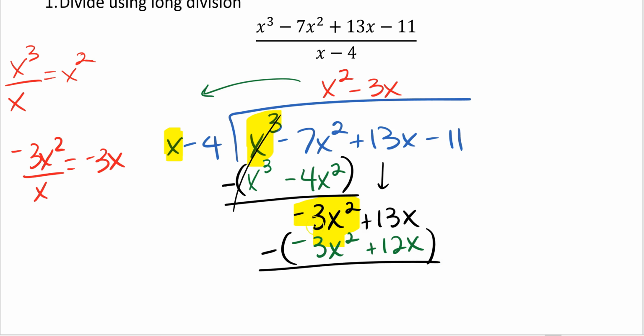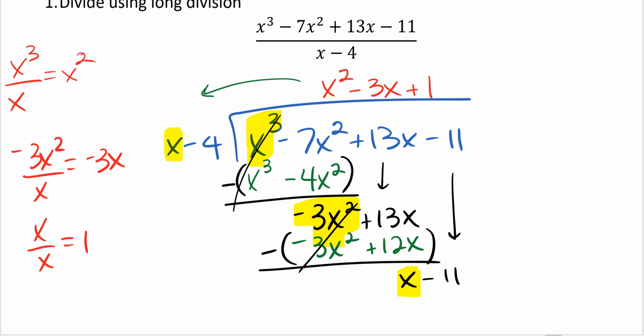So then negative 3x squared minus negative 3x squared cancels out. And then 13x minus 12x is 1x. Then we're going to bring down that minus 11, and then we're going to divide again. So we're going to divide x divided by x. So x divided by x equals 1. So we have a positive 1 in our quotient.